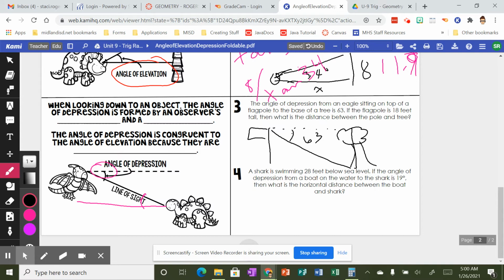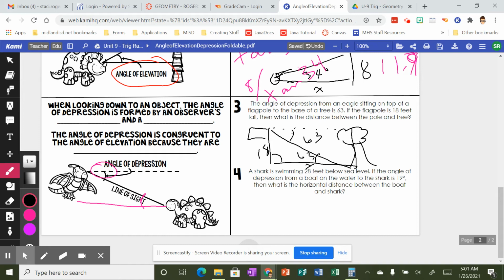The flagpole is 18 feet, but we don't know the distance to the tree, so we want this triangle. By alternate interior angles, this angle is 63 degrees, and we know this is a right angle. So now I can figure out x right here, and the flagpole is 18.